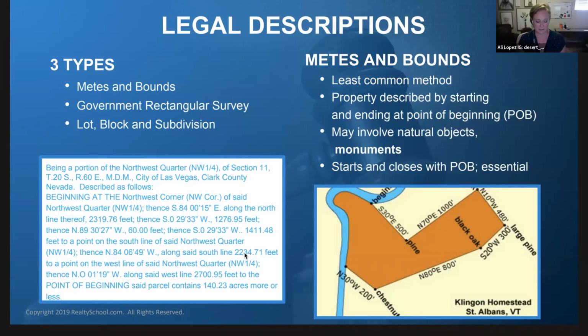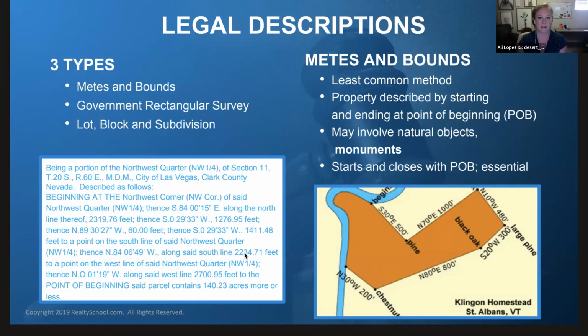Descriptive by paces and with a point of beginning. The old oak tree, the giant rock, it could involve a natural object or a stake that somebody put in the ground 75 years ago. It's tough with metes and bounds, and you'll definitely want to get a surveyor out and have the surveyor really mark off things for you if you're buying a piece of land that's being described by metes and bounds.